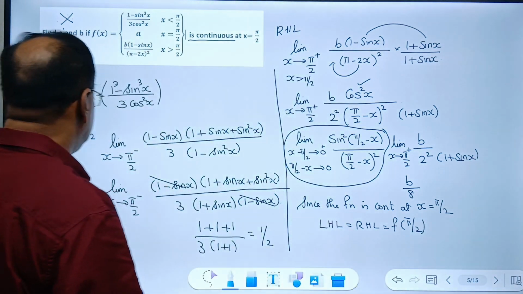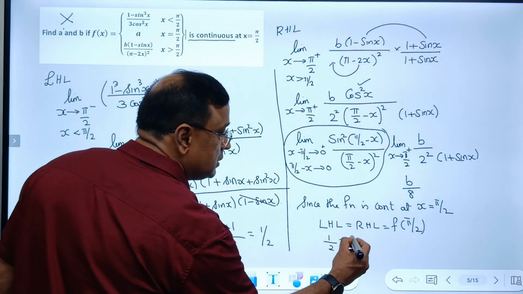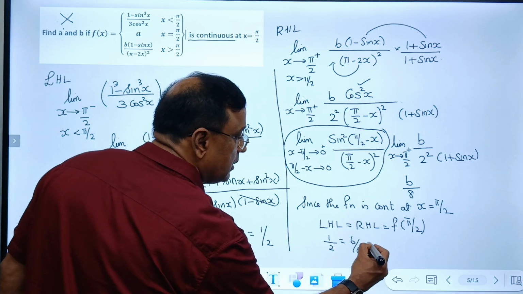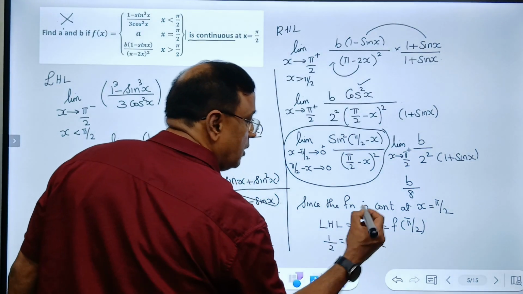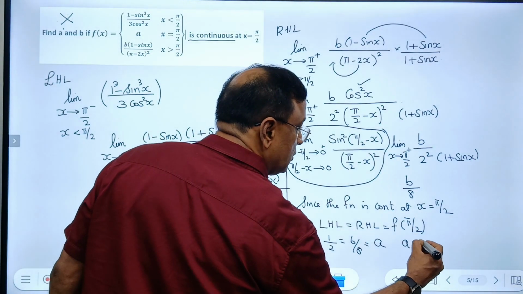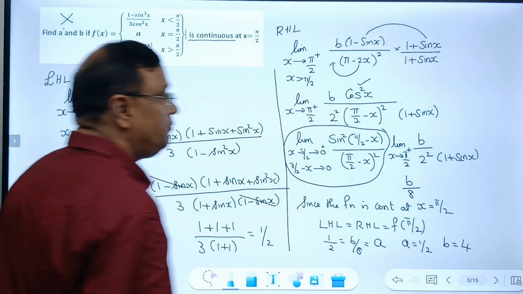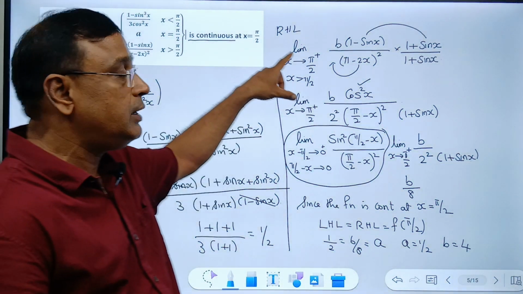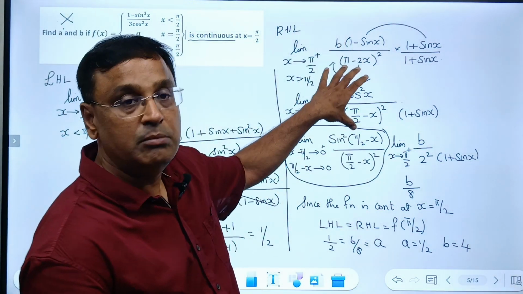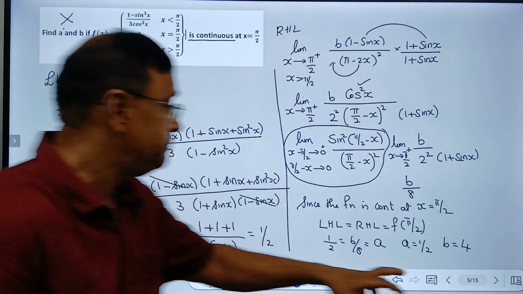Now what is LHL? My LHL is half. And what is my RHL? It's b by 8. And what is f of pi by 2? f of pi by 2 is a. So clearly you get a equal to 1 by 2 and b equal to 4. So very, very simple question. Only thing is, you definitely have to work very hard on limits. You have to be very careful with that. Okay. I hope this is clear.